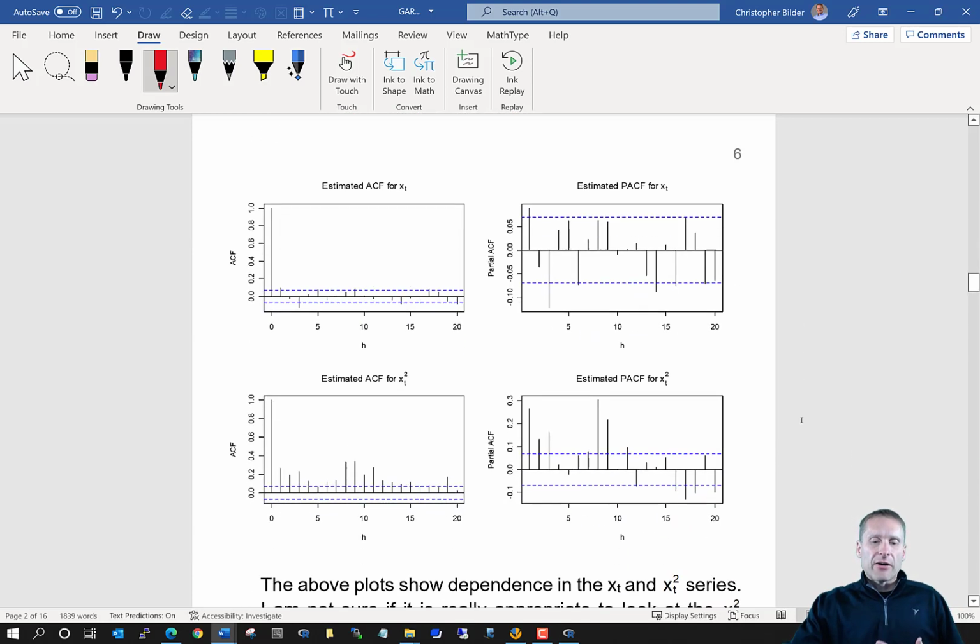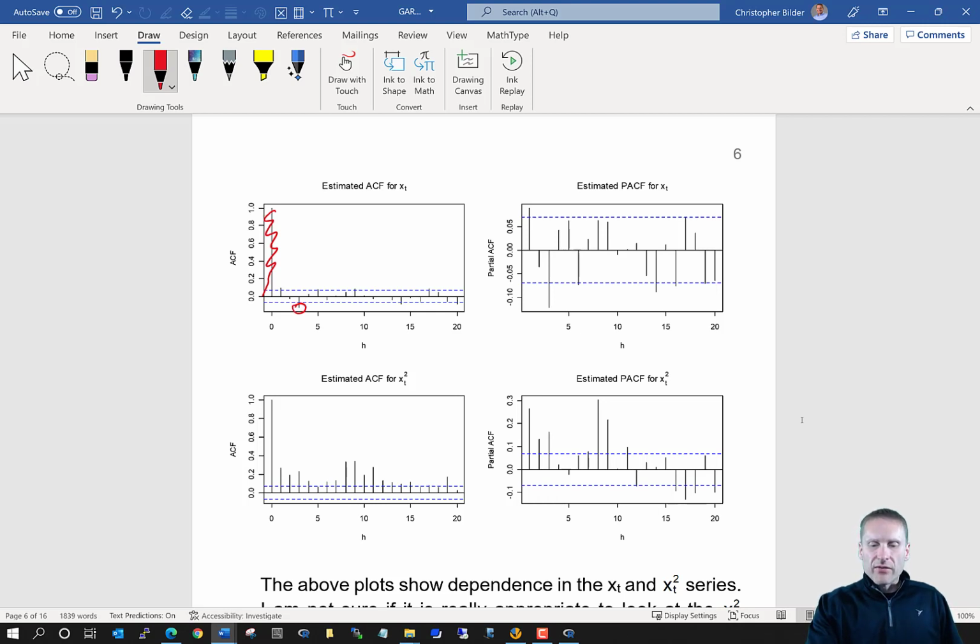We can now look at the ACF and PACF for x of t. We'll also do it for x of t squared. For x of t, ignore that first lag, and we really don't have much in terms of significant values. We have maybe one right there.